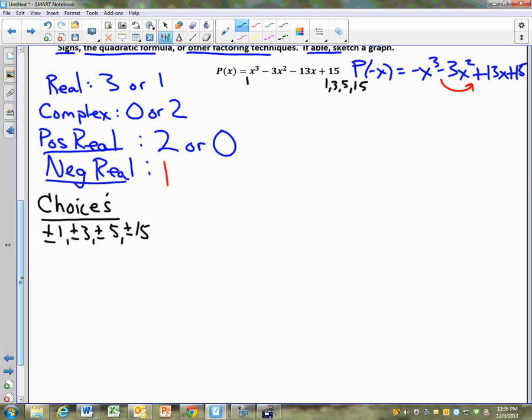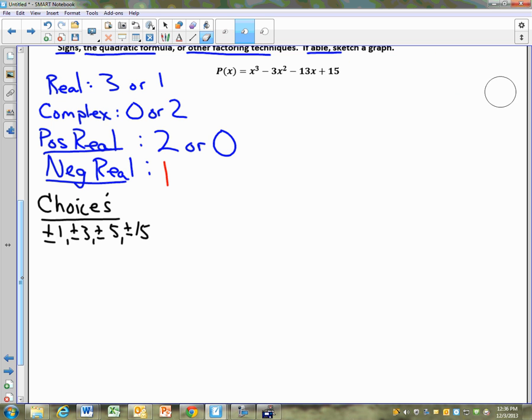What would you like to try? Let's try 1. We know that 1 is a reasonable choice. 1 is positive, and it's possible it has positive solutions, so 1 is a realistic choice. Let's try it. You plug in 1, you get 1 minus 3 minus 13 plus 15, which is negative 2, minus 13 is negative 15, plus 15 is 0. 1 worked.